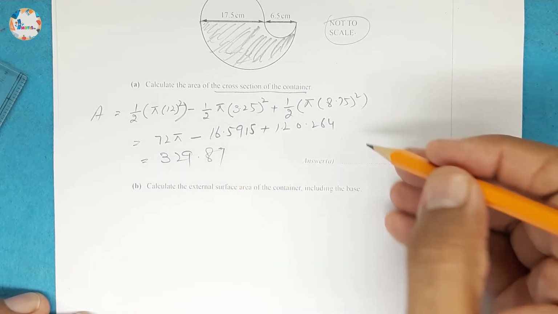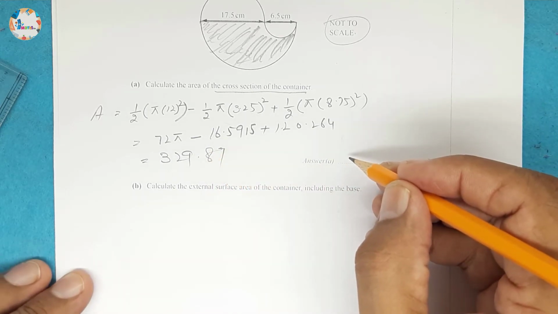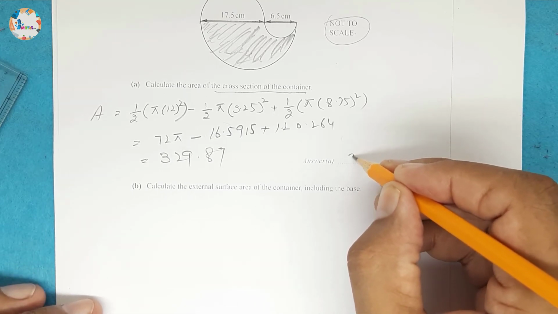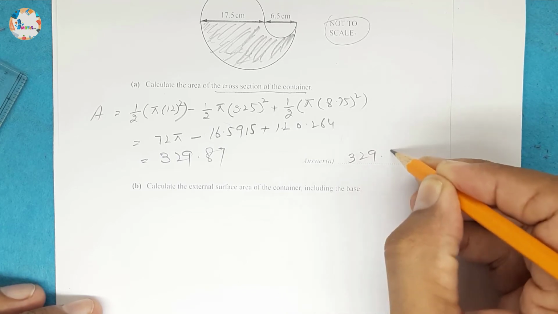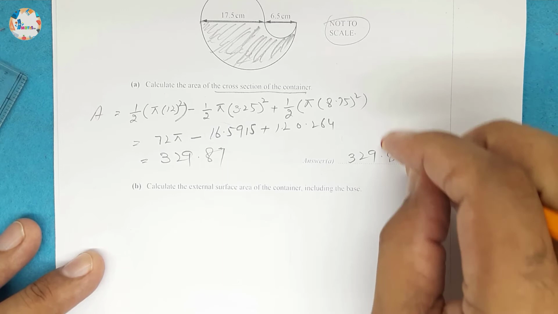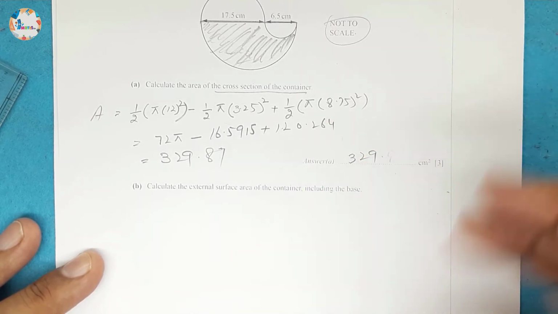This will be basically our answer. So we can provide answer as 329.8, or even if we want to round it, we can write here 9 also.